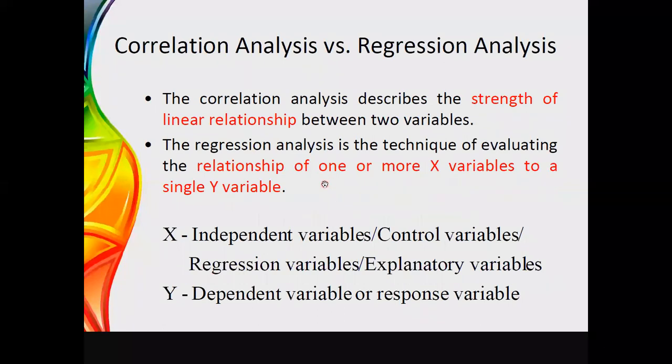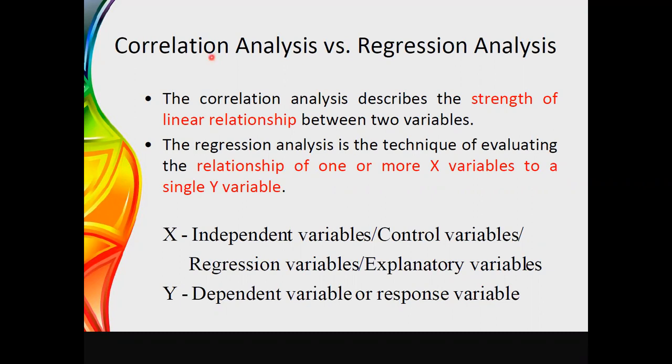Now we will see the differences between correlation analysis and regression analysis. Correlation analysis describes the linear relationship between two variables. That is why, as an initial step for correlation analysis, we obtained the scatter plot.